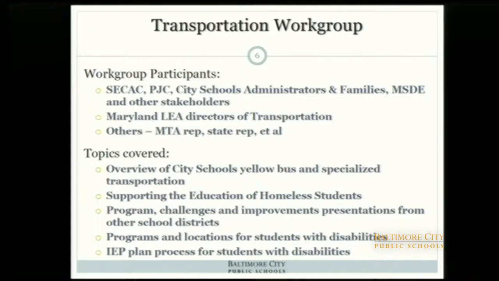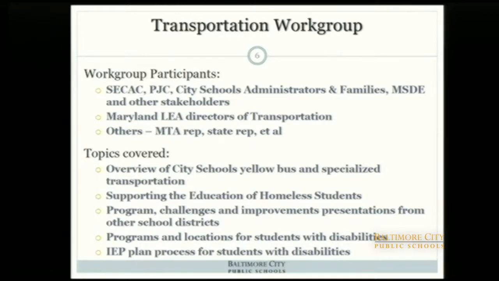So we did develop a strong relationship with our homeless liaisons here, where they have been encouraging parents, in the best interest of just not having a child have transportation for 4 hours of the day, to kind of relocate the student to their new address.